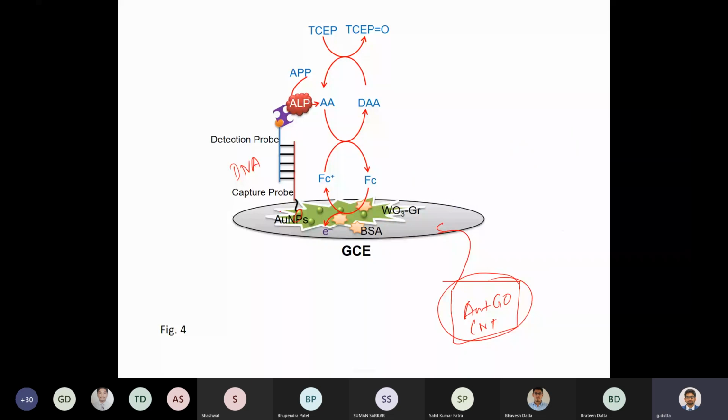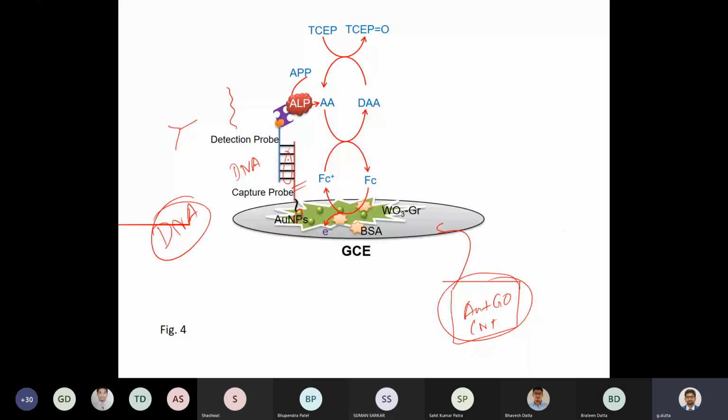And in this case, this is the DNA biosensor. We use some capture probe DNA and some detection probe. Detection probe means instead of using detection antibody, we can use detection DNA. If you have target DNA, it will bind with your capture DNA.